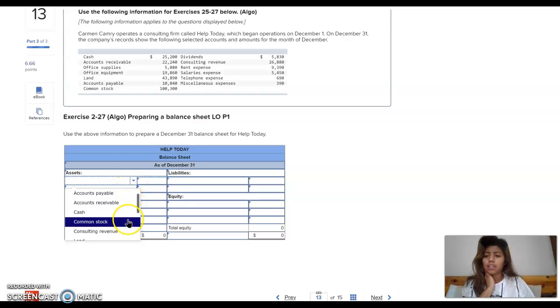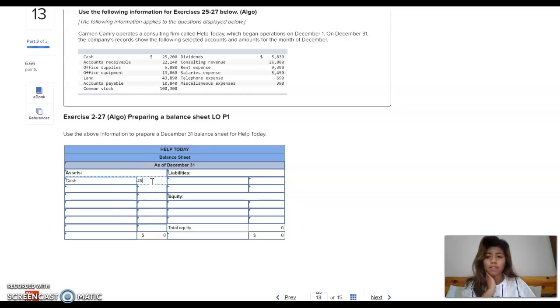So we're going to start with cash, which is an asset, and that is 25,200. And then we're going to move on to another asset, which is accounts receivable, and accounts receivable is 22,240. And then the next one would be office supplies. So office supplies are an asset until they are used up.